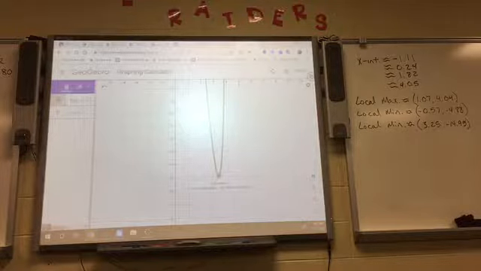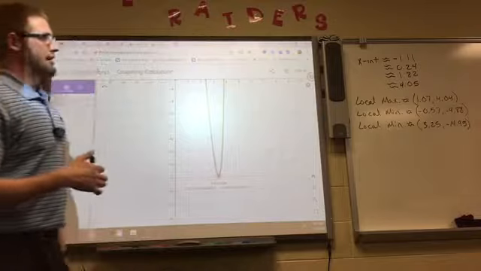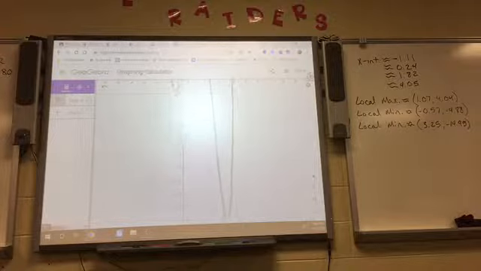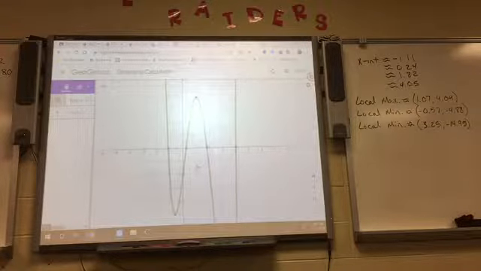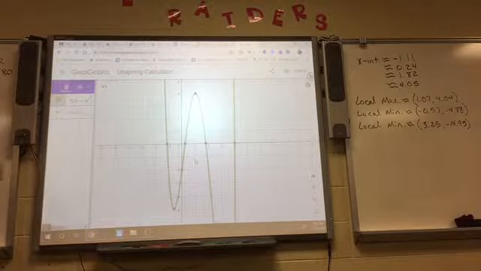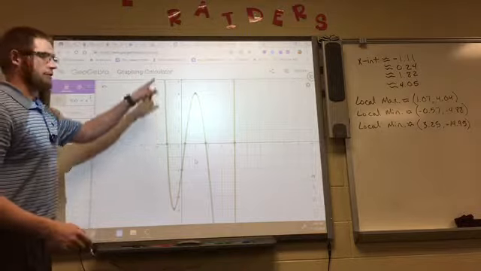So we've so far identified the x-intercepts and the local minimums and maximums. And the next thing it wants us to do is describe where this function is increasing and decreasing. Okay. So let's just start with decreasing because that's what's happening on the far left over here.